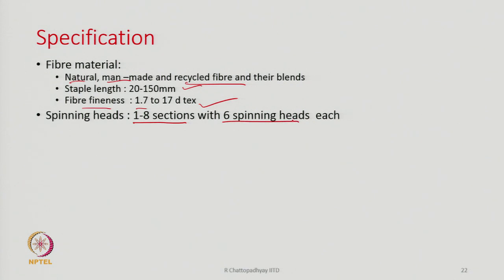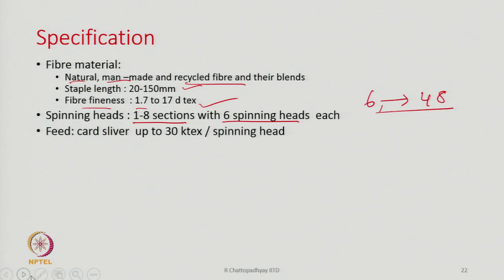That means we can have a machine from 6 to 48 spinning heads. Feed could be cut sliver up to 30 kilotex per head. Bobbin could be cylindrical or conical. Package weight could be 3 to 10 kg.